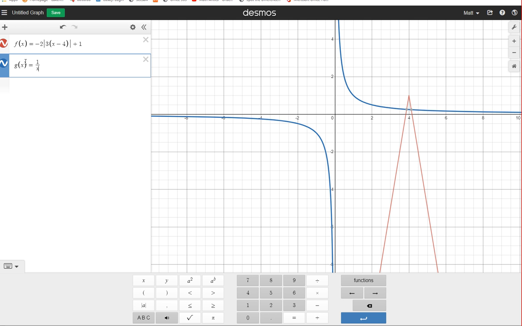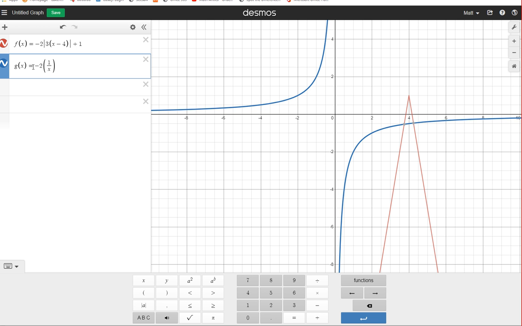I'm going to start by doing a vertical stretch and a reflection in the x-axis. So I'm going to do the same as I did before. I'll throw some brackets around this to make my life easy, and then I'm going to put a -2 in front. I'm going to multiply it by -2. So it reflected it and stretched it.